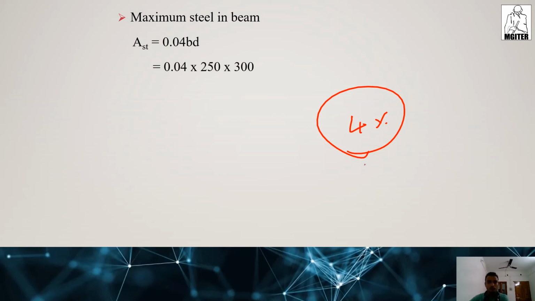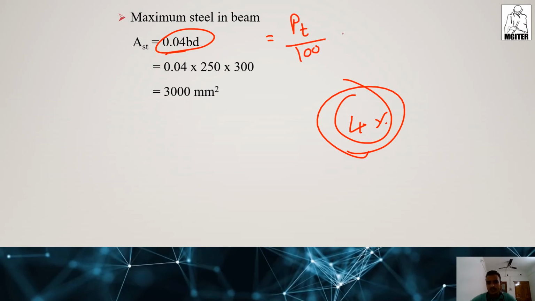So 0.04 into b into d. So we got the value 3000. If you miss this equation, just remember 4% of cross section area. How to calculate this? pt by 100 into b into d.